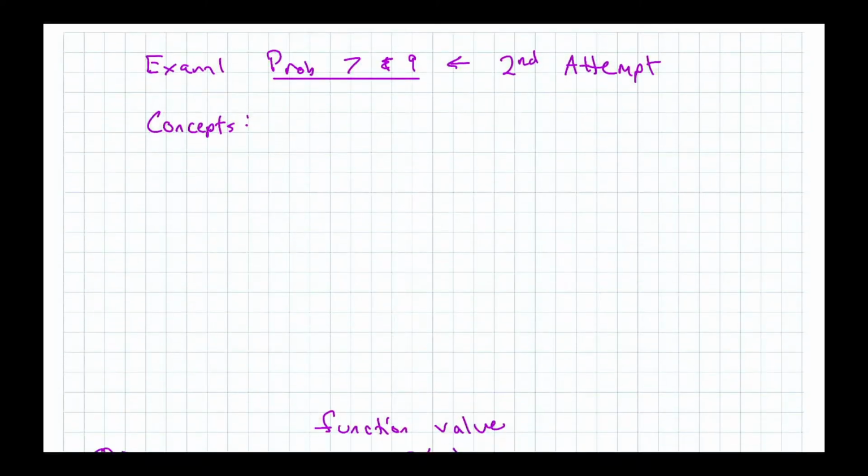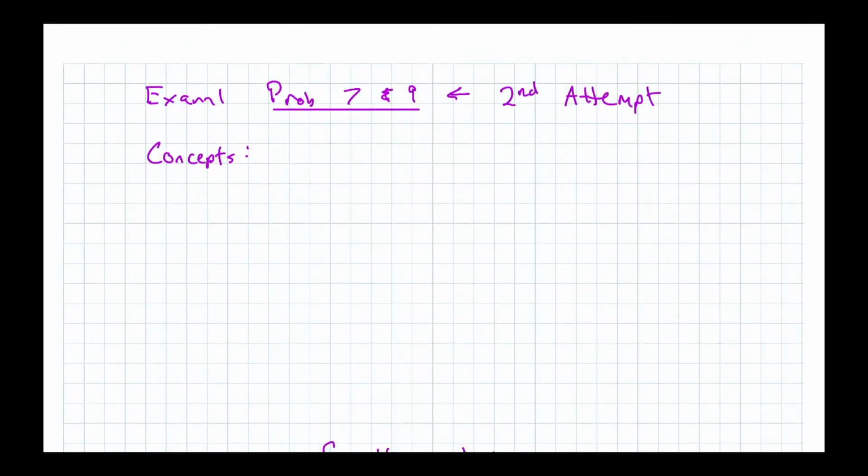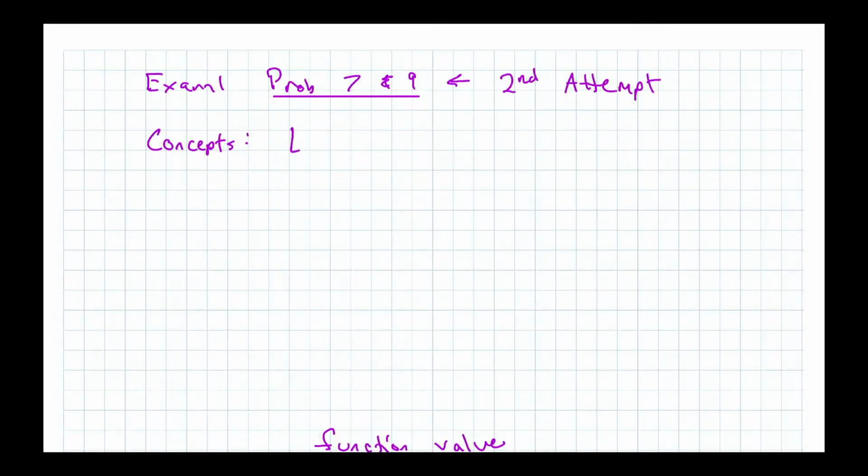All right. So the concepts that you need in order to do these problems are the concept of limit from the left, limit from the right, limit, and function value. So let me write these down. Limit from the left is written like this: the limit as x goes to a with a minus sign there, of f of x.